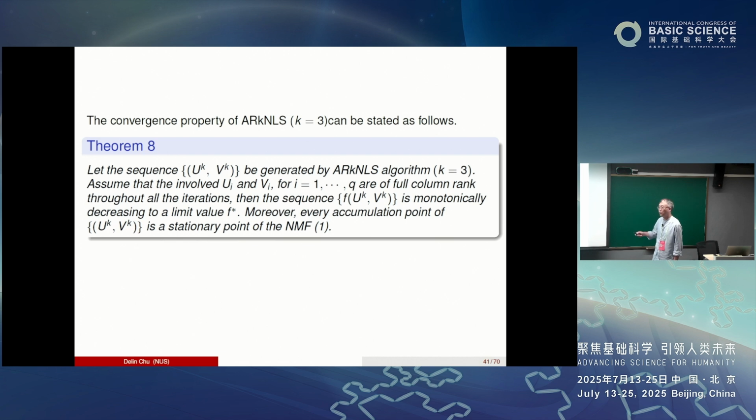Well, if k equal to 4 or k equal to 5, we don't know how to handle this singularity problem. This is another reason why we only consider k equal to 3. Because we know if k equal to 4 or 5, the resulting accuracy should be better. But in particular, we don't know how to handle this singularity problem.